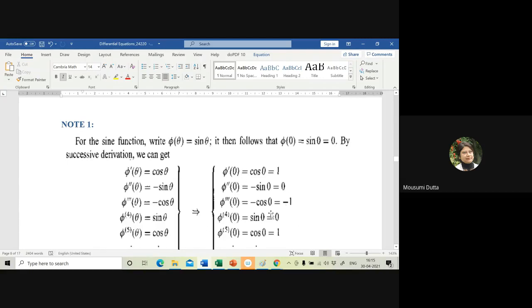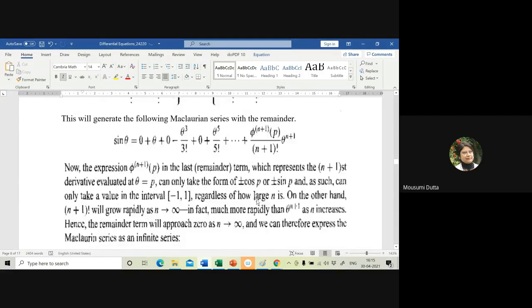So it will move in between the zone -1 to +1, regardless of how large the n is. So regarding the numerator, it will move within the range -1 to +1, irrespective of how large the value of n is.